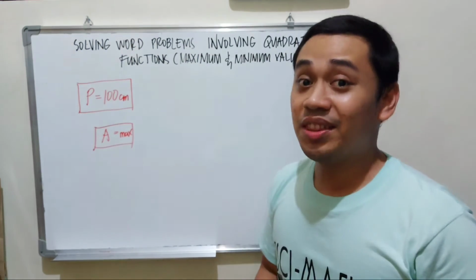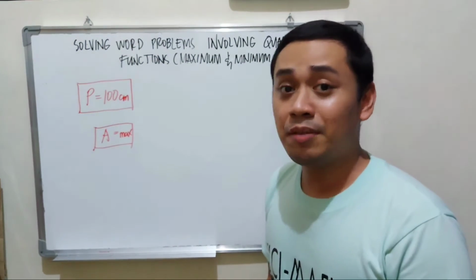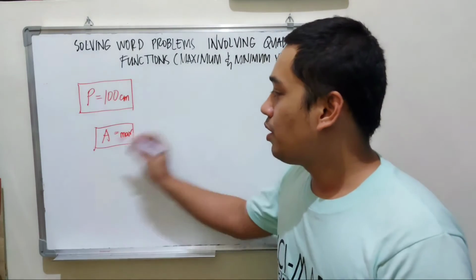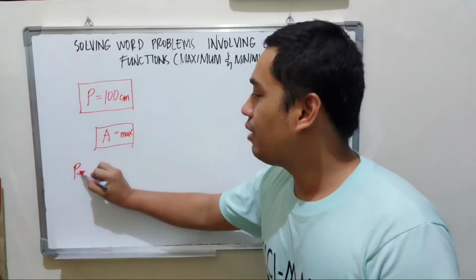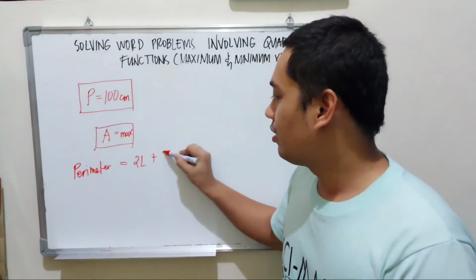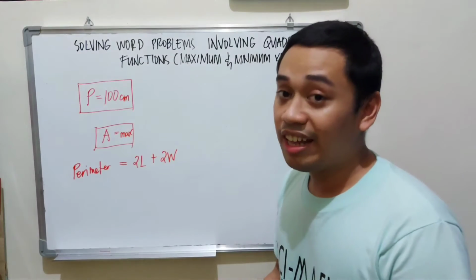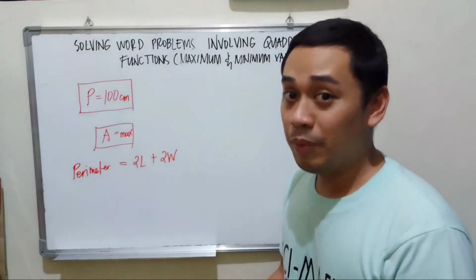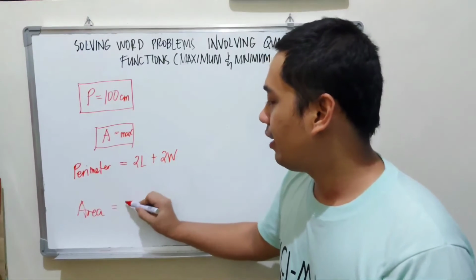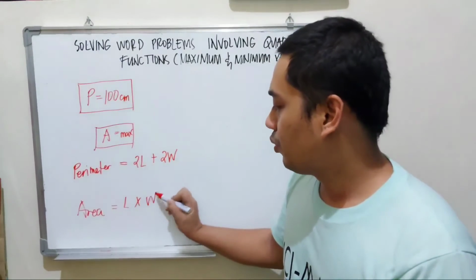So in order to answer that problem, we need to recall some properties or rules sa ating geometry class. 'Di ba, we know for a fact that the perimeter of a rectangle is equal to 2L plus 2W, where L and W are the length and width respectively. Then, for our area, we have naman length times width.